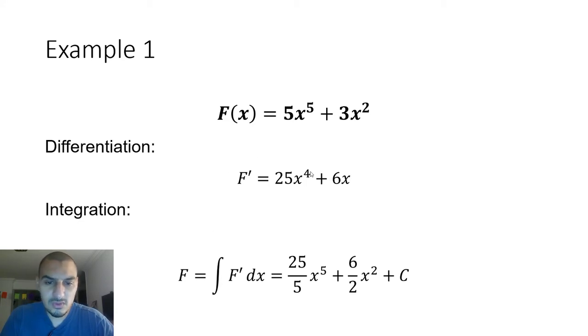I'm gonna add 1 to the power and divide by the new power, so it's gonna be x power 5 divided by 5, and then x power 2 divided by 2, and then you should add a constant here, which is the constant of integration. Using the initial conditions, or if you have definite integration, you have limits of integration, then you don't need to calculate this c. Or I mean, you can get the value of this c. So this is the first example.